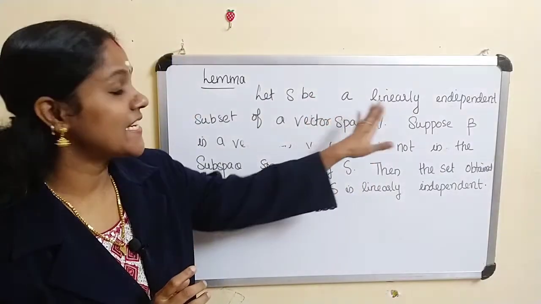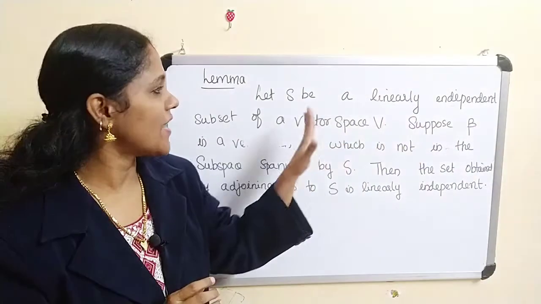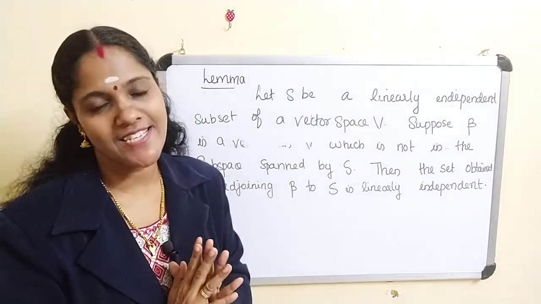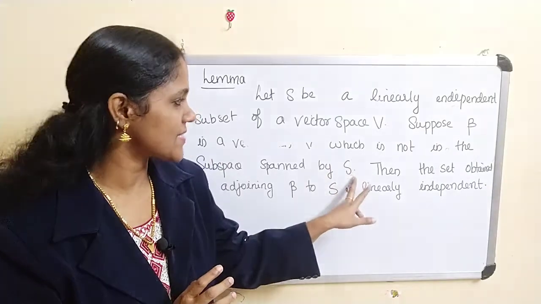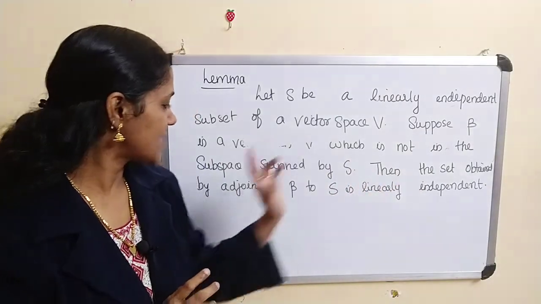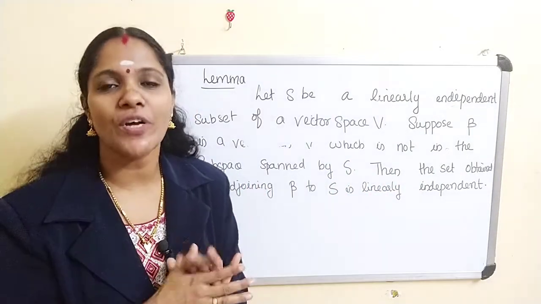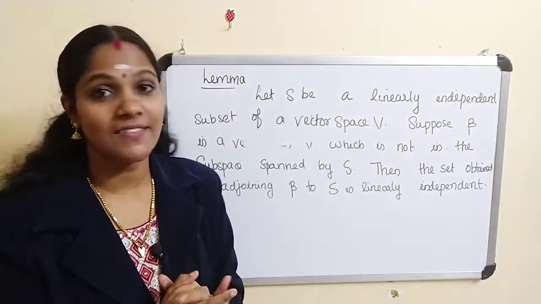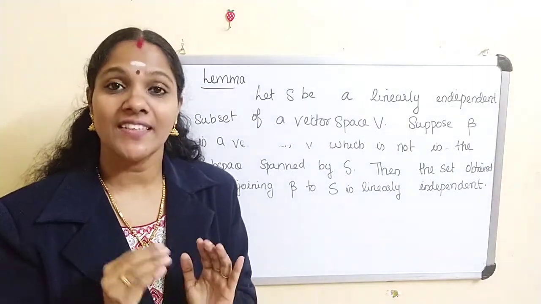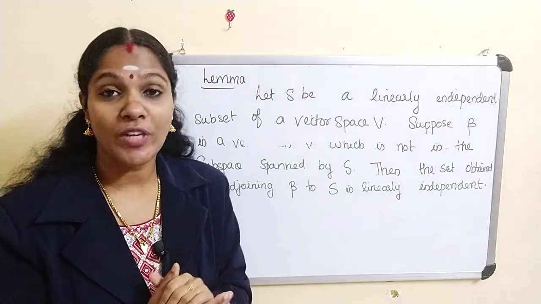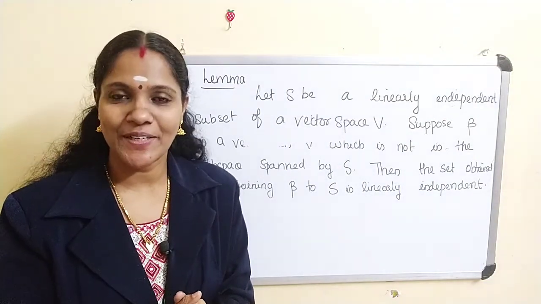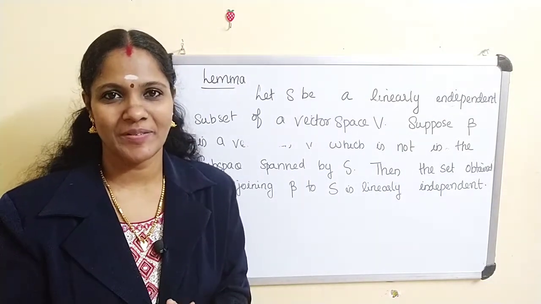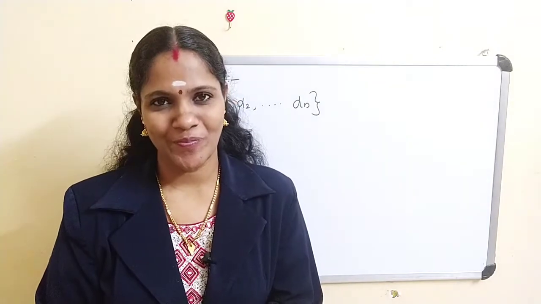S is a linearly independent subset and beta is a vector not in the subspace spanned by S. Then the set obtained by adjoining beta to S is linearly independent. Now what do we have to prove?